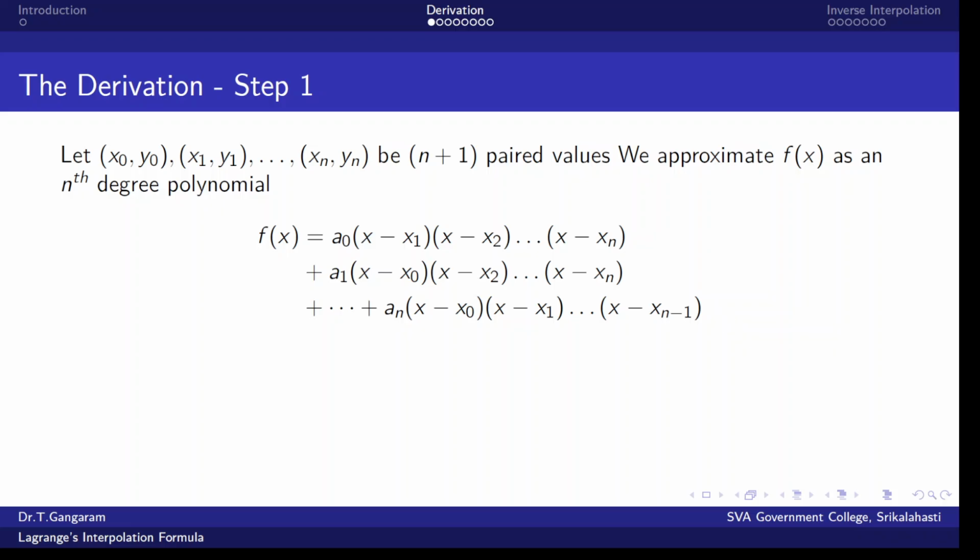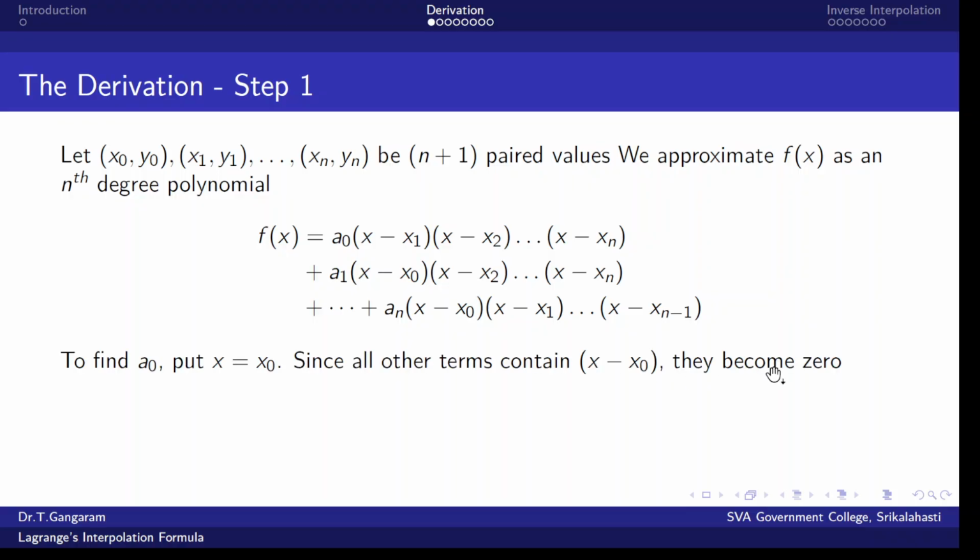Our objective is to identify the coefficients a0, a1, so on an, and to derive Lagrange's interpolation formula.